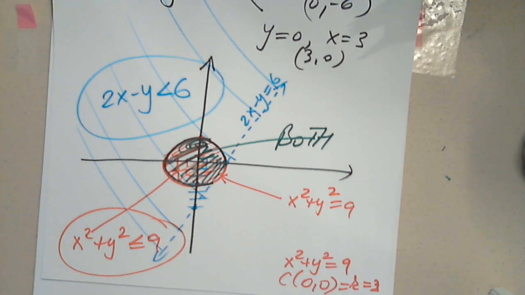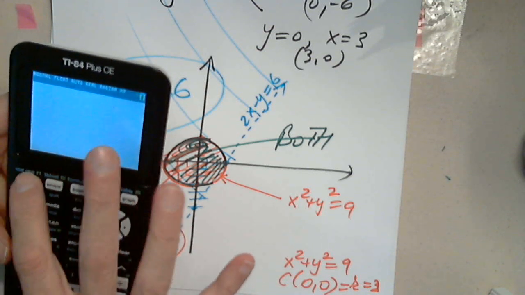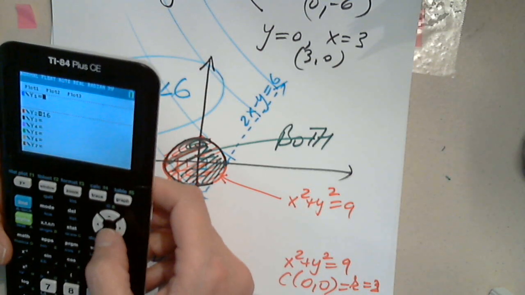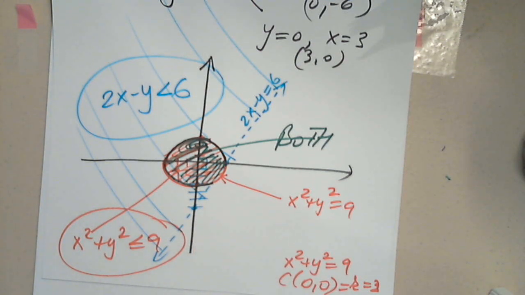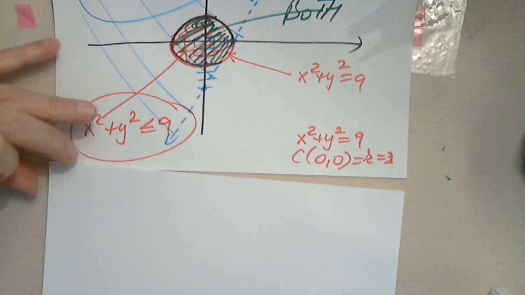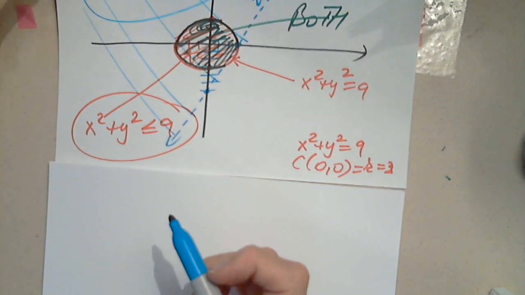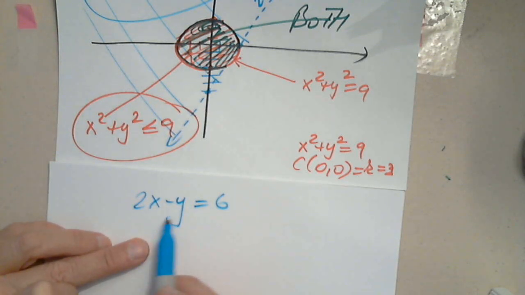Now here's what I would like to do. In y equals, I want to see this graph, and let's do this. 2x minus y equals 6. I have to solve for y.